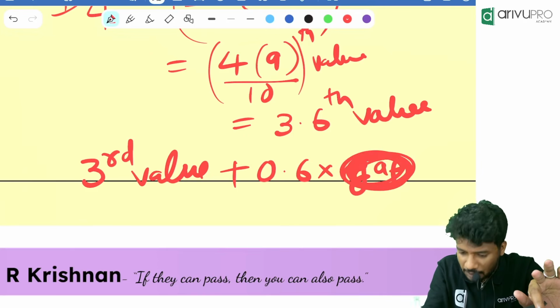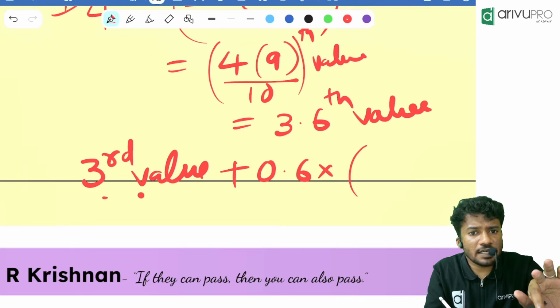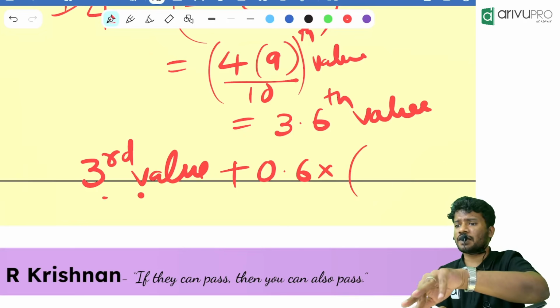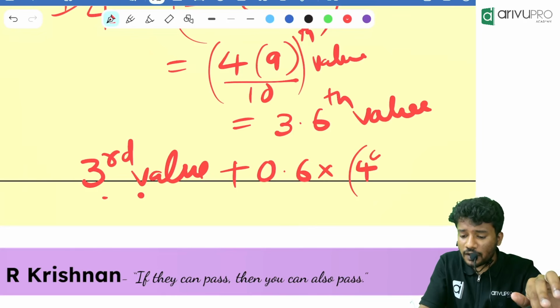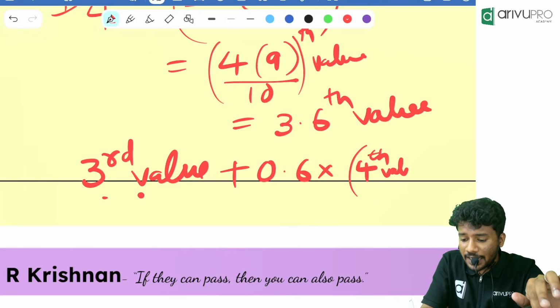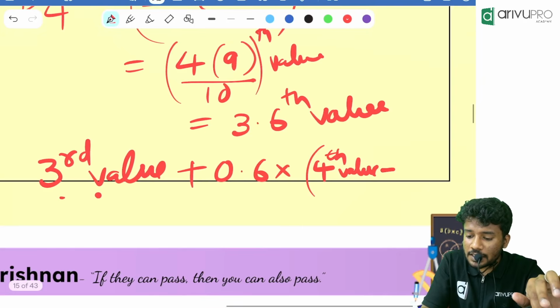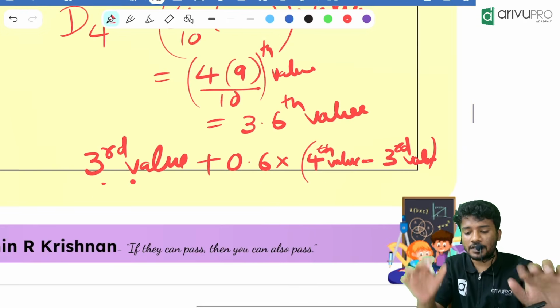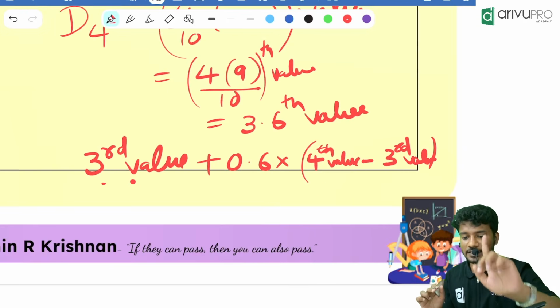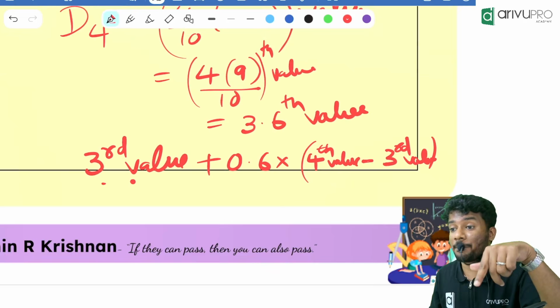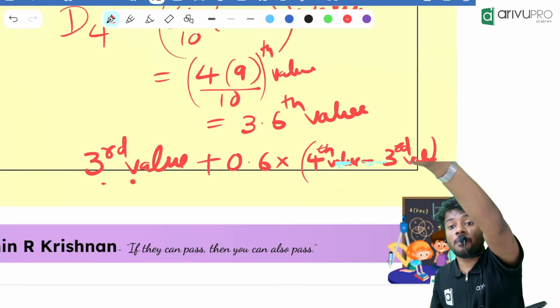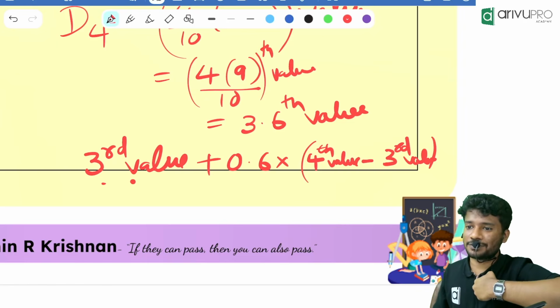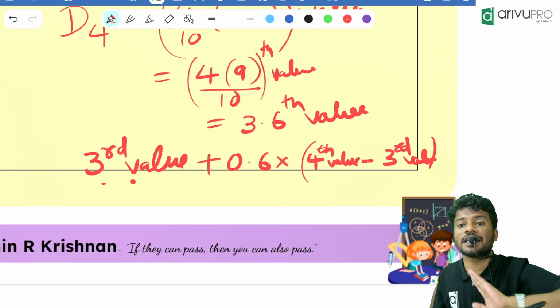Gap is nothing but the next value after the third value, that is the fourth value, minus the third value. So third value plus 0.6 into gap, where gap is fourth value minus third value.